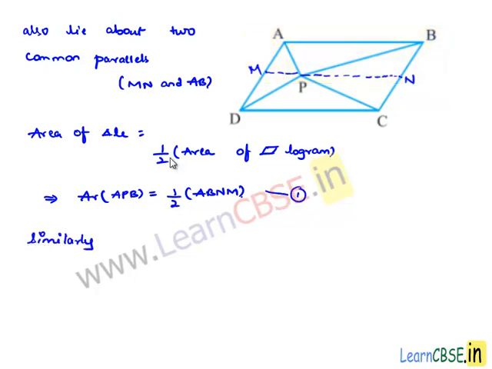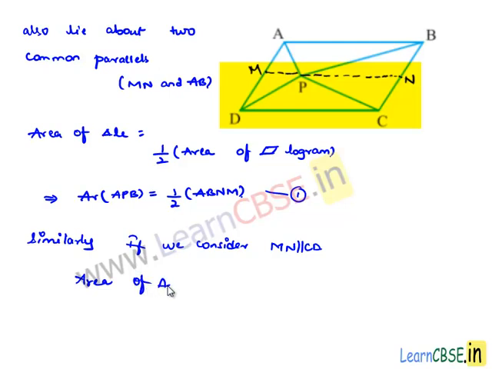Similarly, if we consider MN parallel to CD, then parallelogram MNCD and triangle PCD lie on the common base CD and between the common parallels MN and CD. Therefore, here also area of triangle will be equal to half times area of parallelogram.